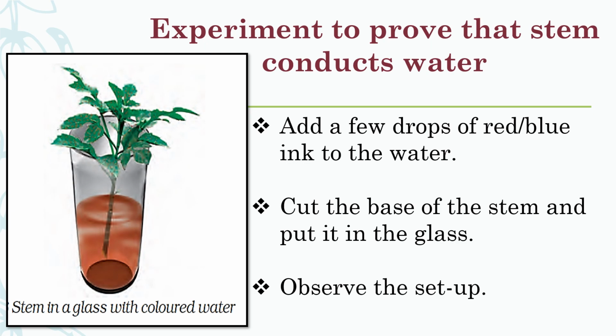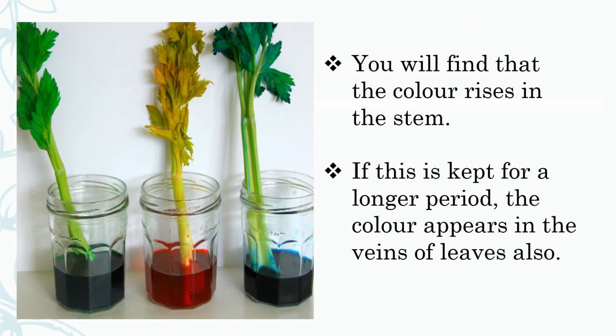Does the color appear in the stem? You will find that the color rises in the stem. If this is kept for a longer period, the color appears in the veins of leaves also. How do you think the color reached there?